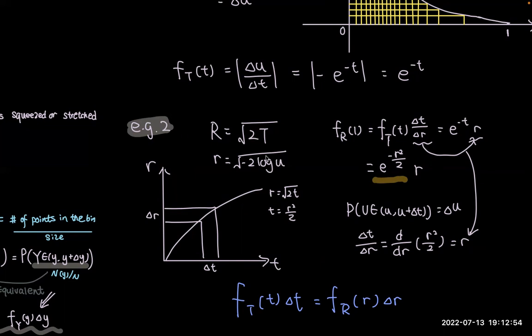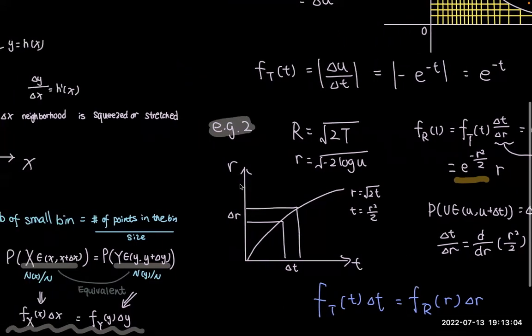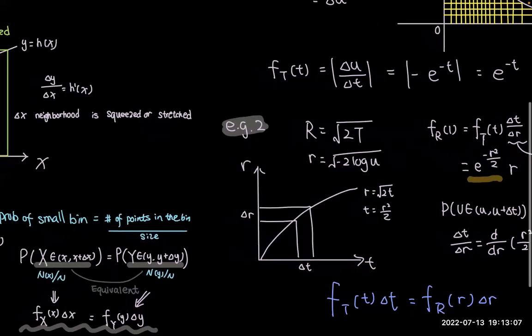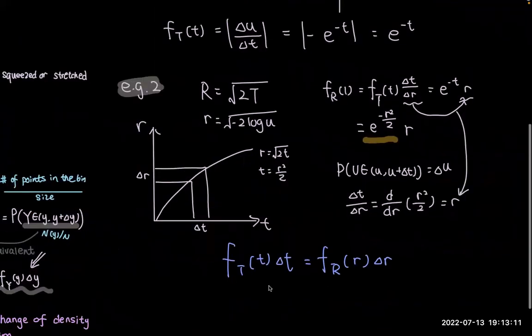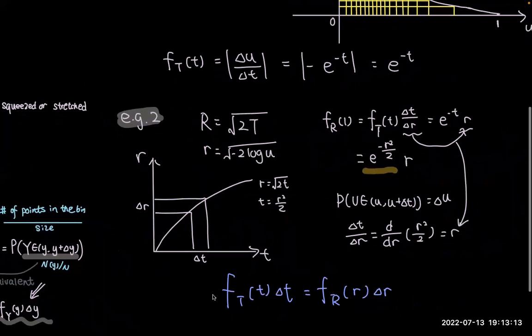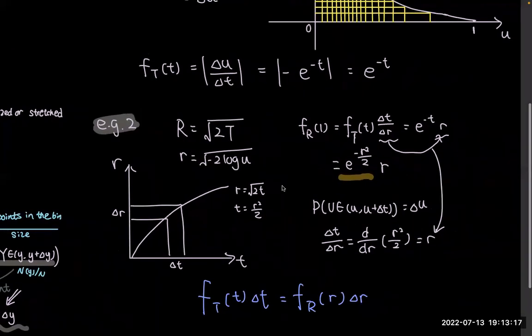Okay, so in this lecture, I first gave you the intuition of the change of the density under the transformation. And then I gave you this formal way of calculating the change of the density under the transformation. So you always start from an equation like this, and then the rest can be based on taking the derivative of the underlying transformation.